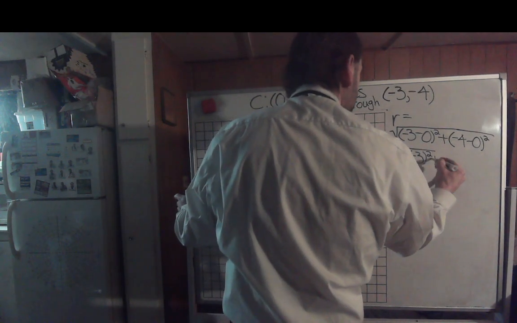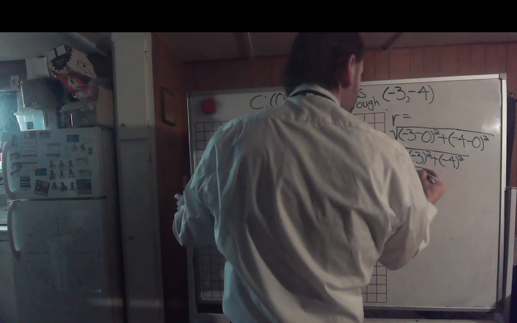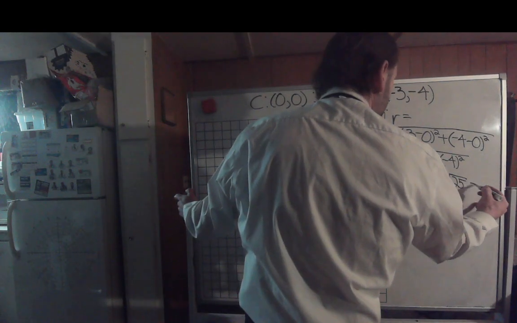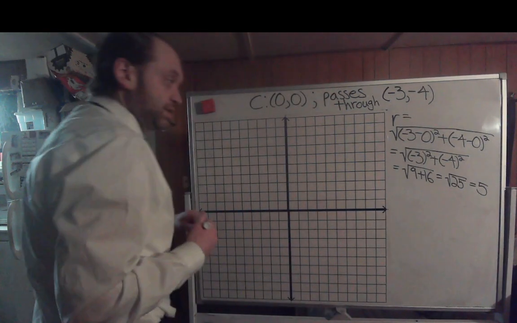That's going to equal the square root of -3 squared plus -4 squared, so the square root of 9 plus 16, which equals the square root of 25, which is 5. So we identified the radius to be 5 units.